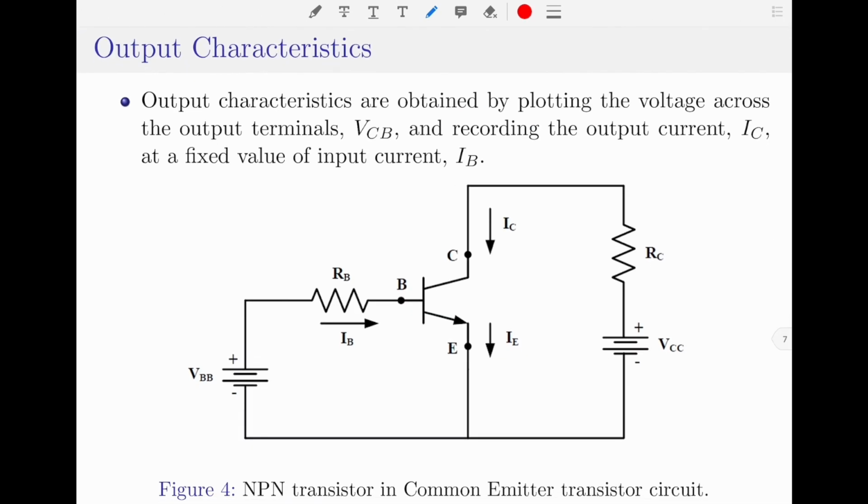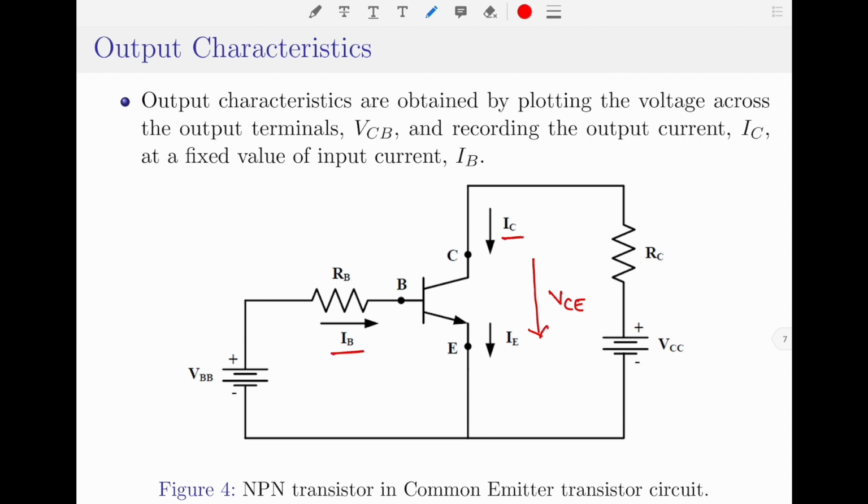Let us now continue the discussion to the output characteristics. Let us first understand how to obtain the output characteristics for the common emitter configuration circuit. Output characteristics can be obtained by plotting the voltage across the output terminals, which is VCE, and recording the output current IC at a fixed value of input current IB.